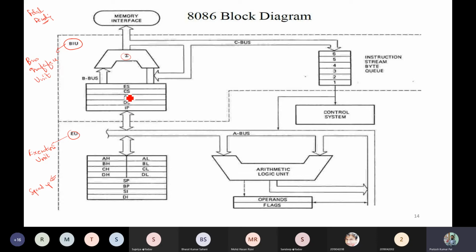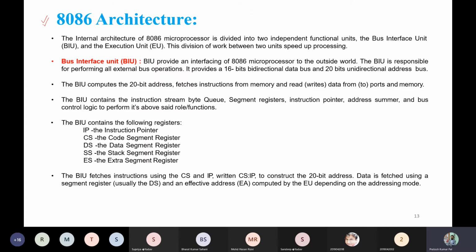So these different registers are there, and they are basically having different operations. Here IP, that is instruction pointer, code segment, data segment, stack segment, and extra segment. So these are 16-bit registers.